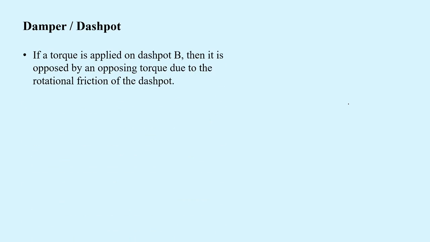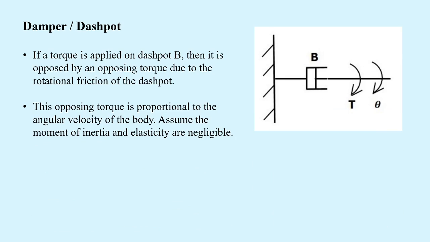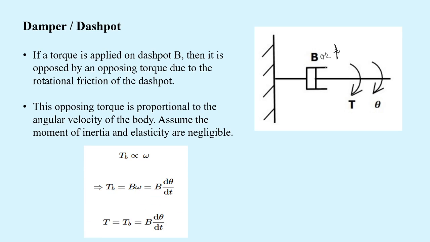Damper or dashpot. Torque is applied on dashpot, then it opposes the torque due to the rotational friction of the dashpot. This torque is proportional to angular velocity. This is denoted by B or small f.